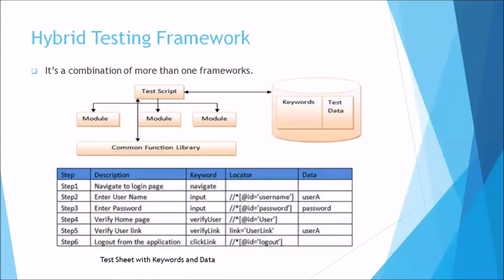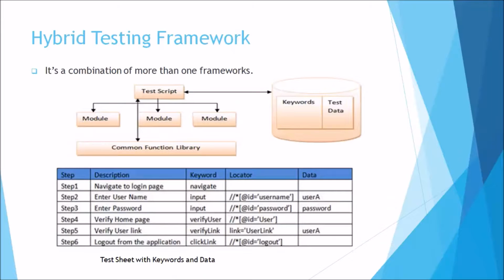The third one is a hybrid testing framework. Okay, now it's a combination of more than one framework. It can be a combination of keyword driven plus test data driven. Okay, so that is what we have mentioned here.